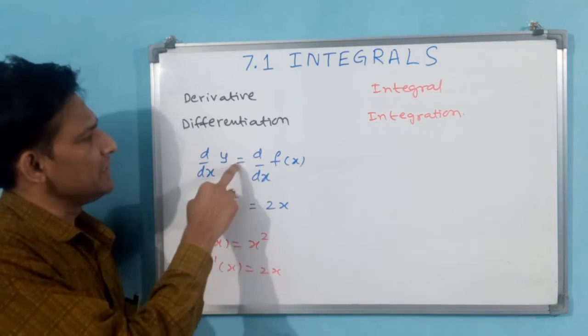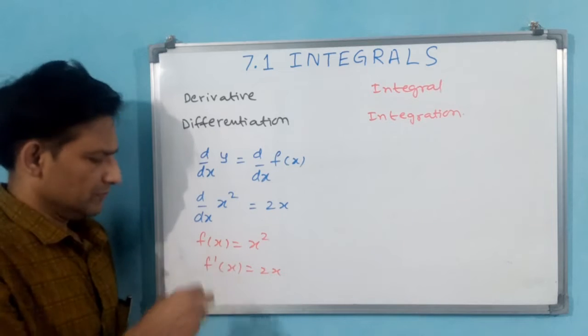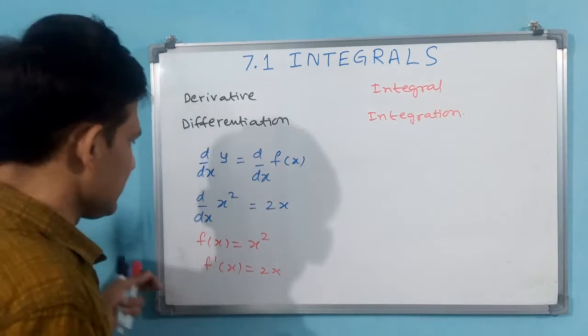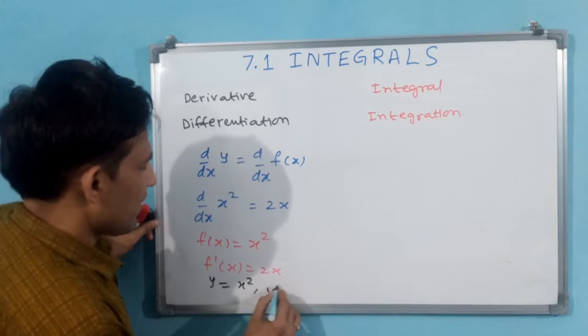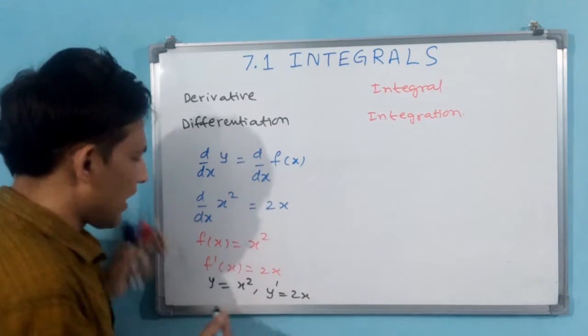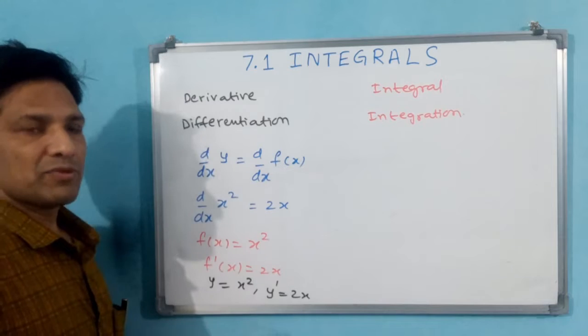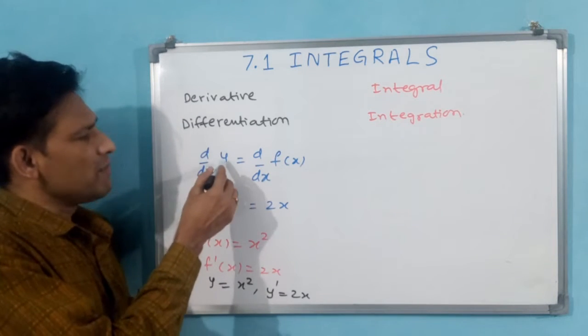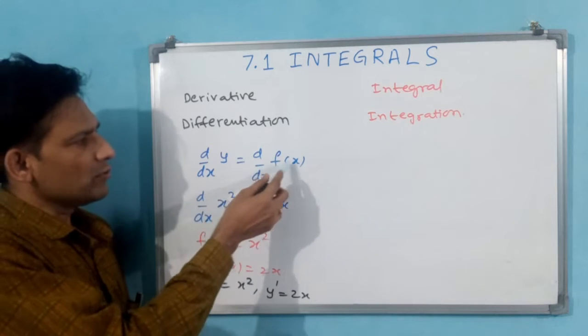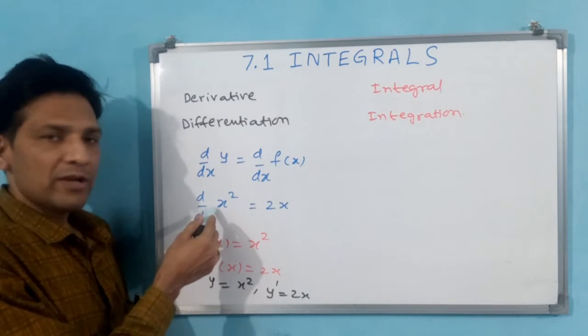Here f of x is x square, or else we can say like this also: y is equal to x square, y dash is equal to 2x. All are okay. Different types we are going to call. D by dx of y or d by dx of f of x is equal to d by dx of x square.